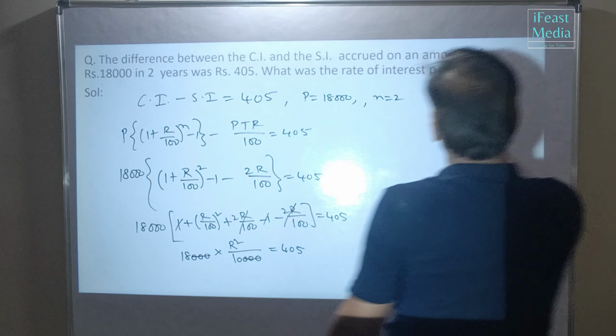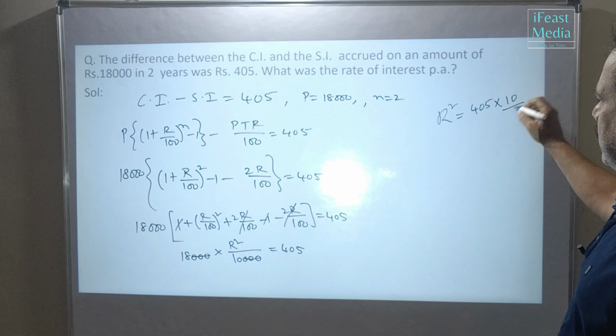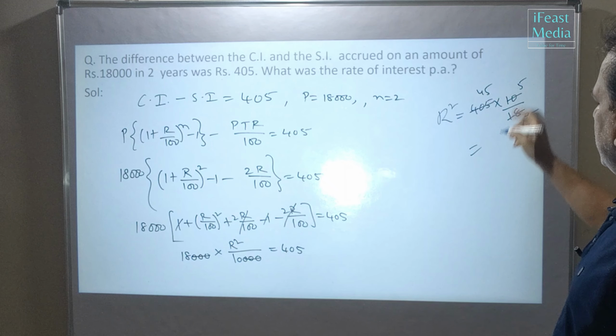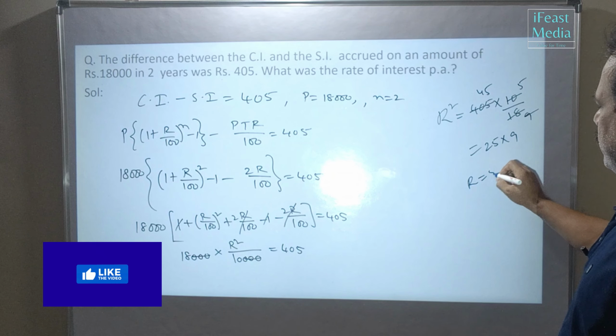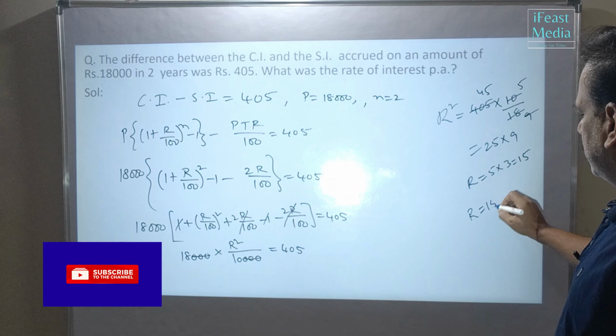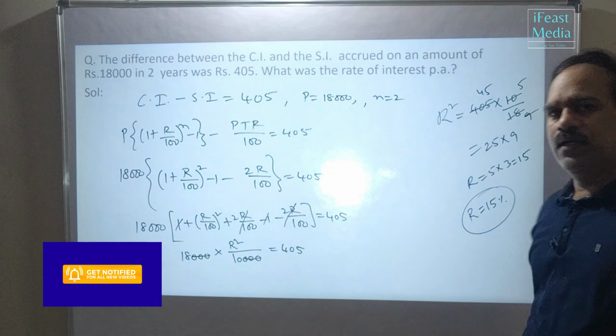So R square is equal to 405 into 10 by 18. It is 45 times 5, you can write 25 into 9. R equal to 5 into 3, 15. So R equal to 15% is the required rate of interest.